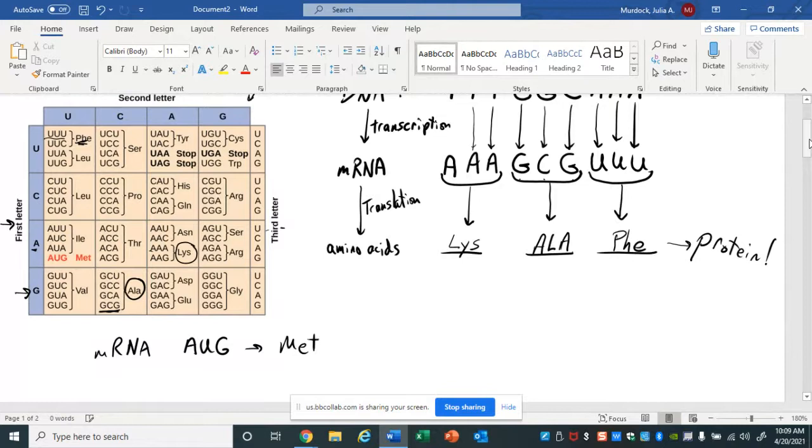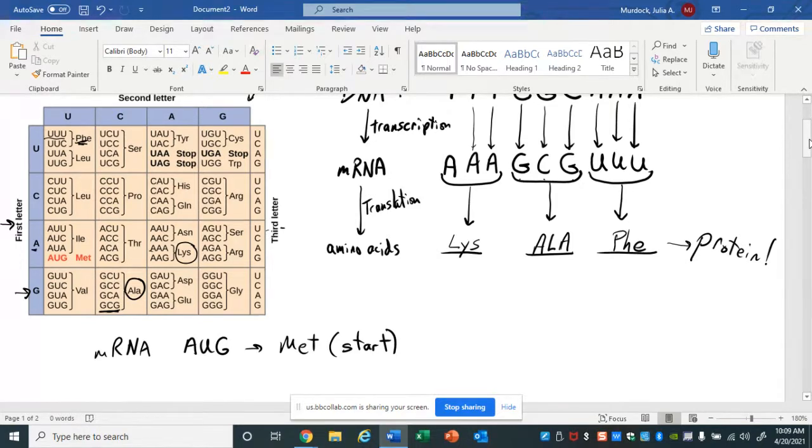MET, very good, methionine. The reason why it's outlined in red is because methionine is very often the very first amino acid in every protein. It's sometimes called the start amino acid. It generally signals the start of the amino acid chain.